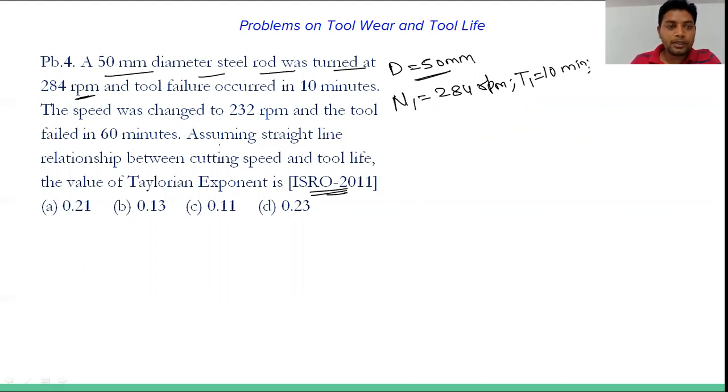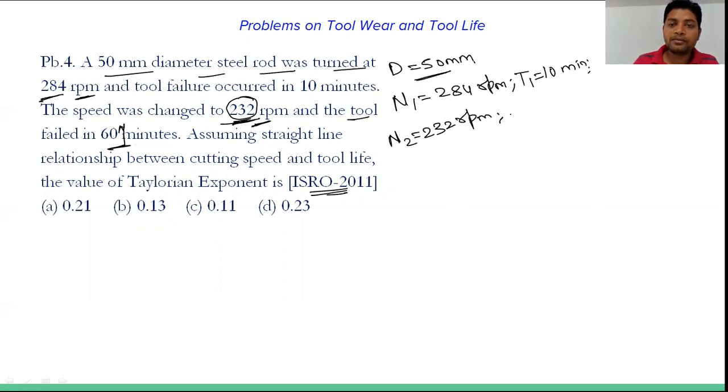Now the speed was changed; in the second condition the speed is reduced, so the tool life will increase. The speed has changed to 232 rpm and the tool failed in 60 minutes, so N2 equals 232 rpm and t2 becomes 60 minutes.